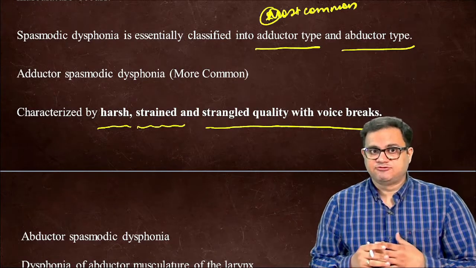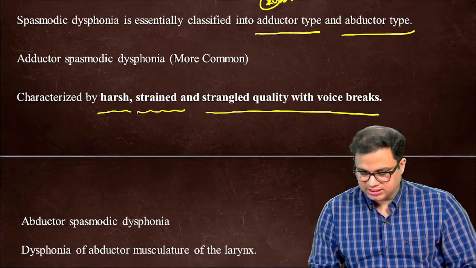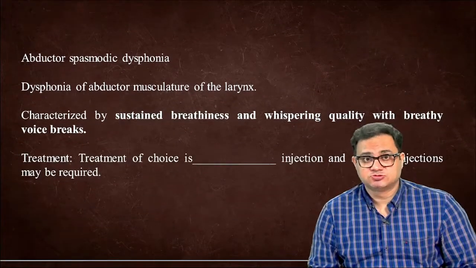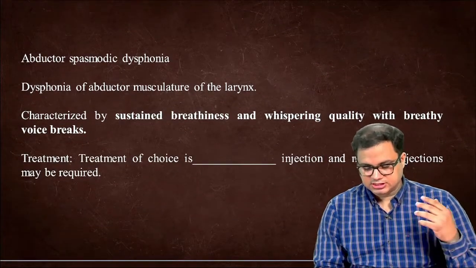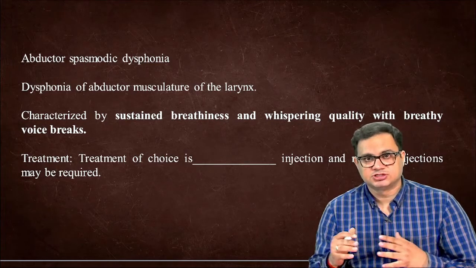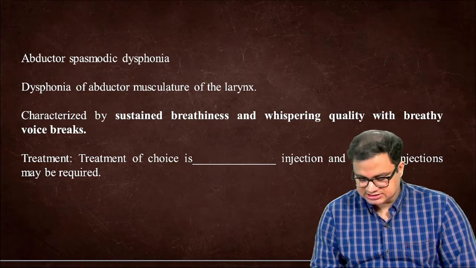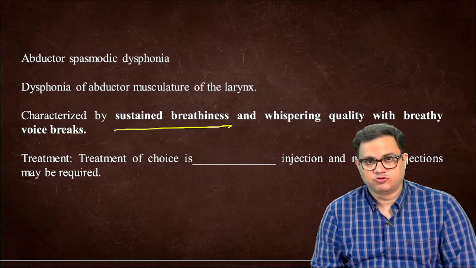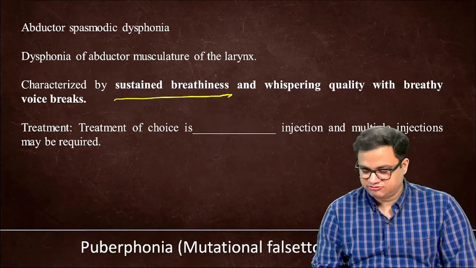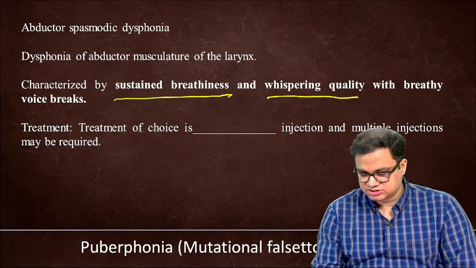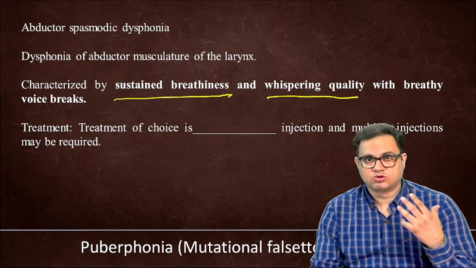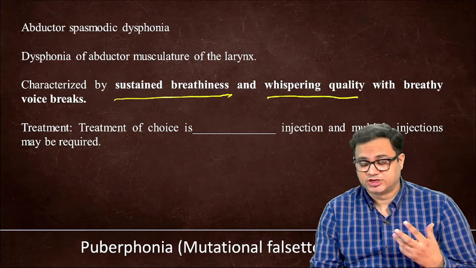Now similarly, in abductor spasmodic dysphonia, the dysphonia of the abductor musculature, the voice is characteristically sustained breathy, with a whispering quality, as if the patient is whispering, with breathy voice breaks.